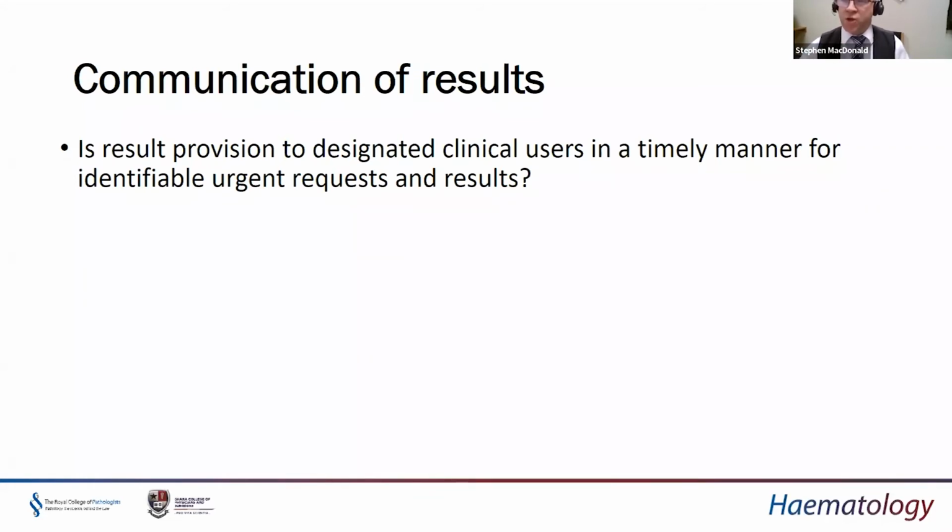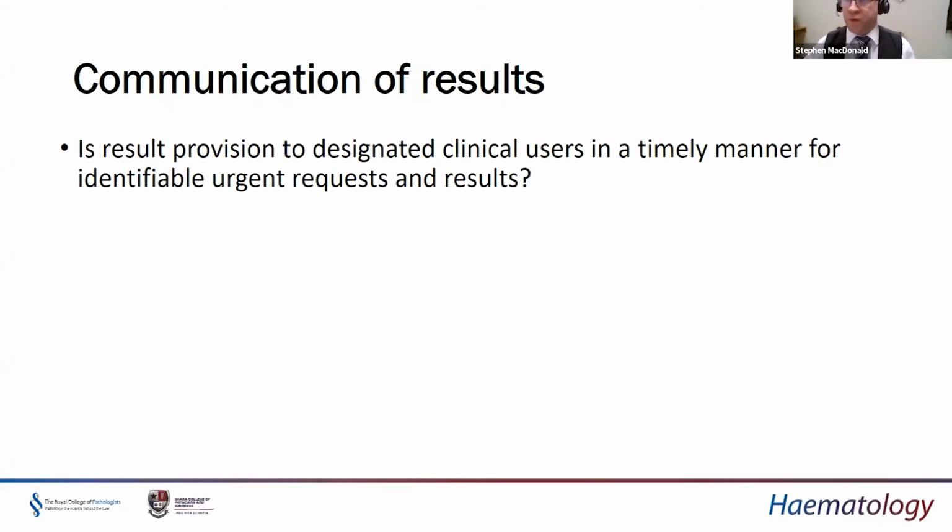But we need to make sure that all of the results which reach those criteria are actually being correctly transferred to the clinicians. So in my laboratory, I have, I think, 10 different tests which have real prominent clinical urgent impact to a patient if they exceed a certain threshold.